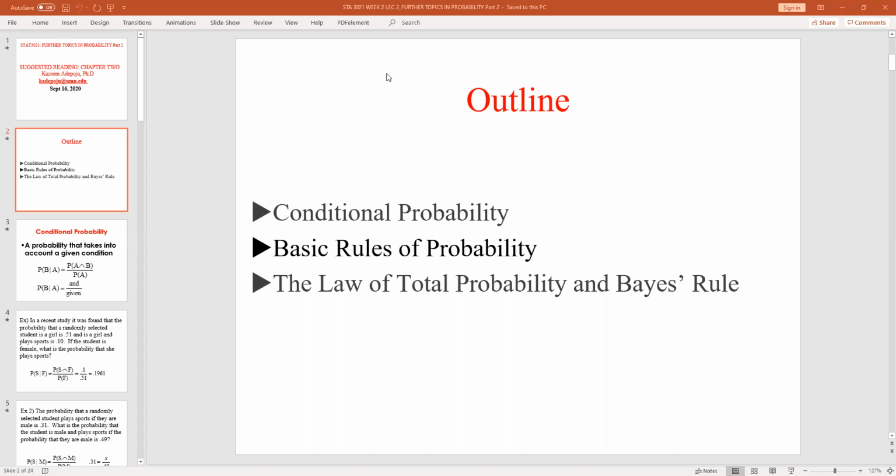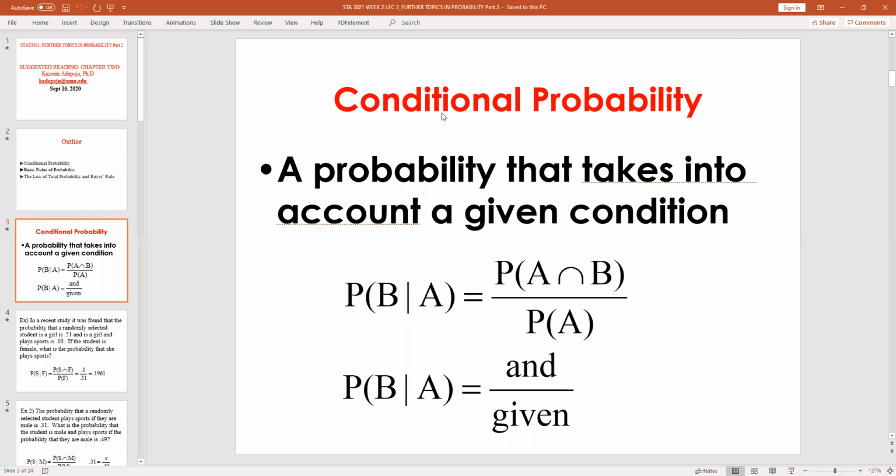Okay, now I'm going to move to the next one, which I call conditional probability. When I talk about conditional probability, it is talking about the probability of the occurrence of an event in the light of observing another event.